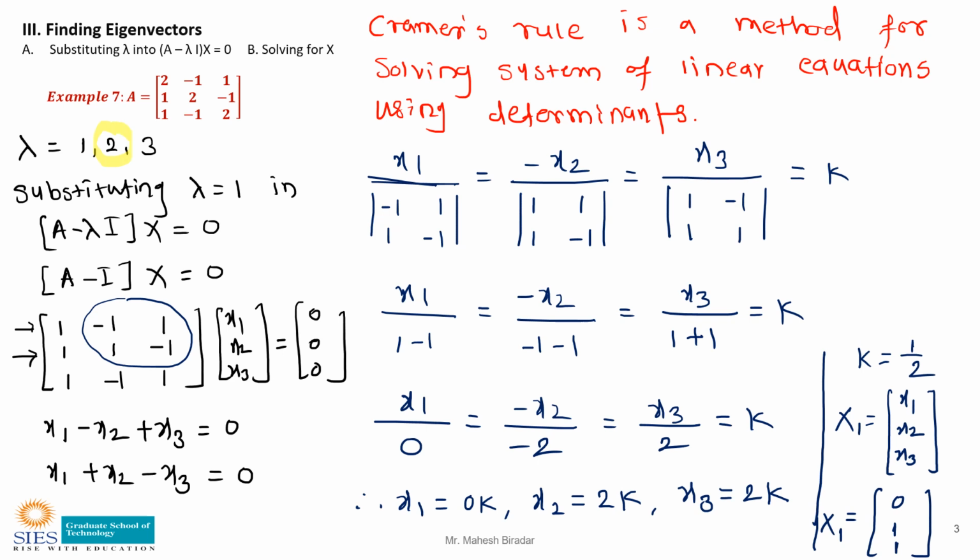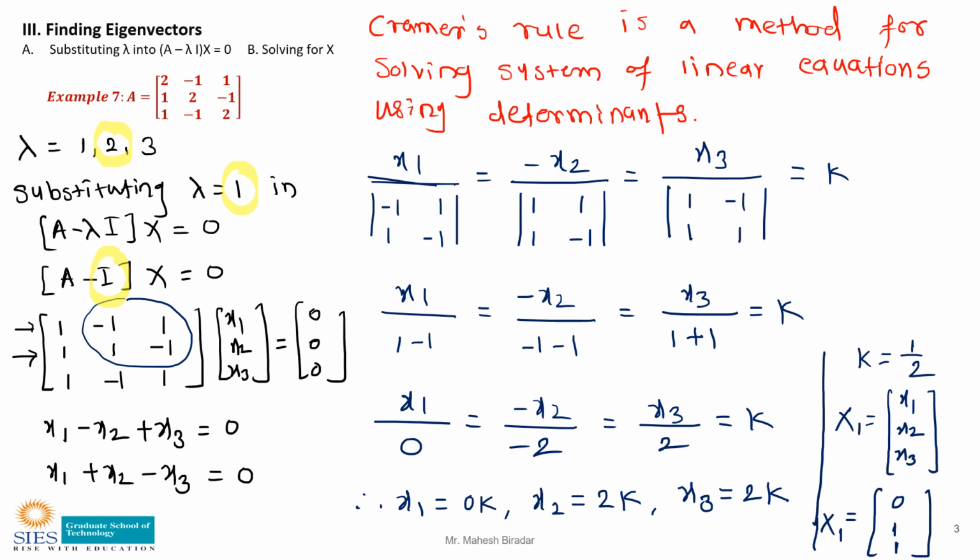I'm going to take lambda is equal to 2 now. So from diagonal elements you need to subtract 2, and again we need to form the equations, and same use Cramer's rule and you will get a vector. So these are the changes. I'm going to do it now.